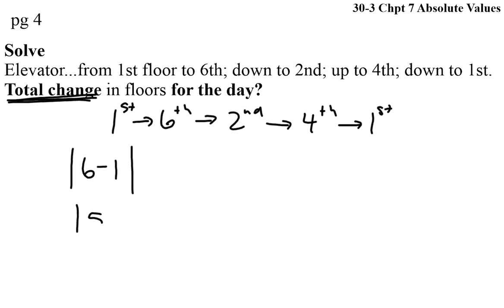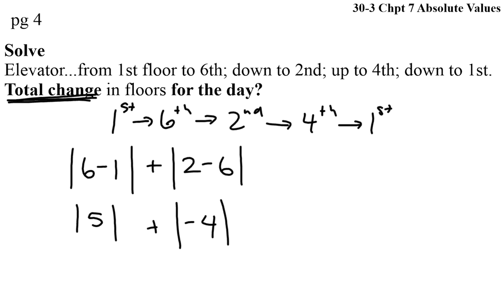It's a positive 5 because we went up 5. I want to add the second change that occurred. The second change, he finished at 2nd floor, started at the 6th, which we can see was a negative 4 floors going down. I don't care that it was 4 down though, I just want to know that it was a 4 floor change, so I want the absolute of it.